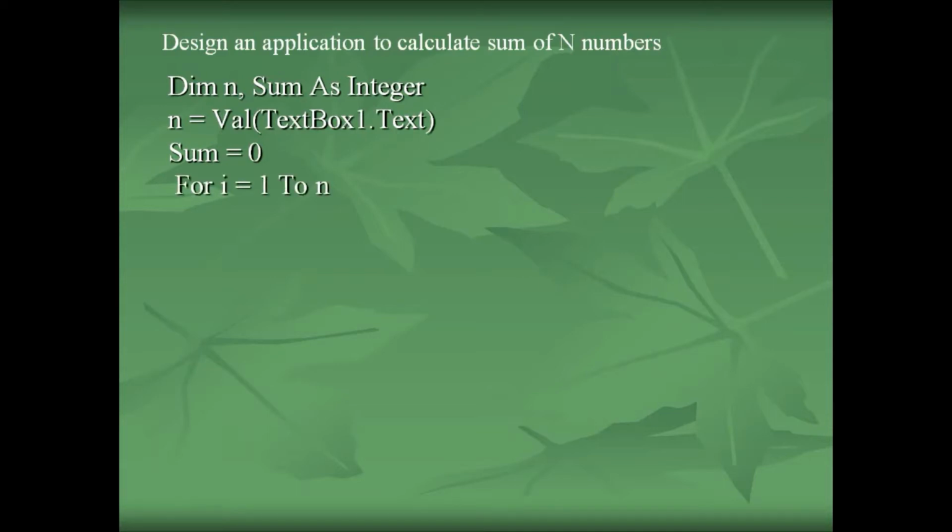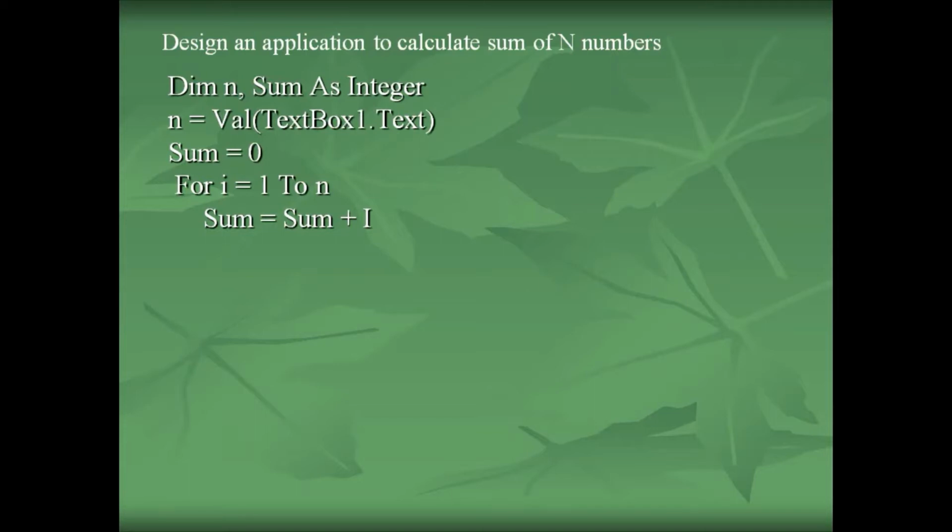Then we have the for loop here. For I is equal to 1 to n: the starting value of I is 1 and end value is n. If the input is 5, I value will be initialized to 1 and it will be up to 5. As step value is not mentioned, I value will be incremented by 1 every time.